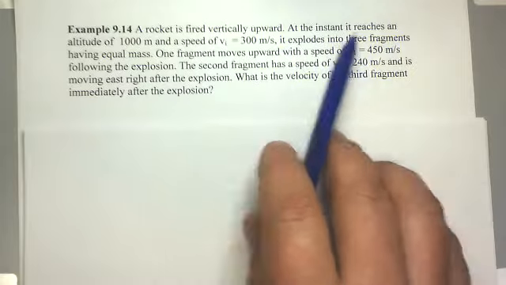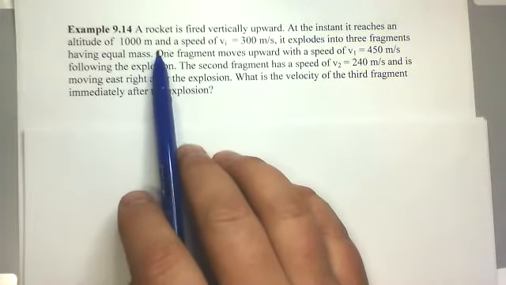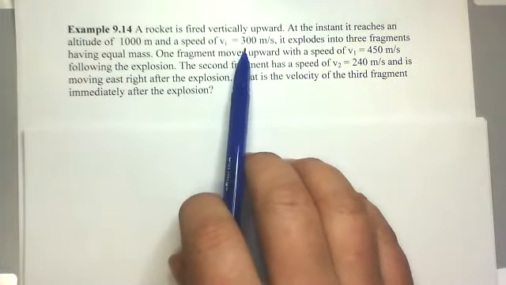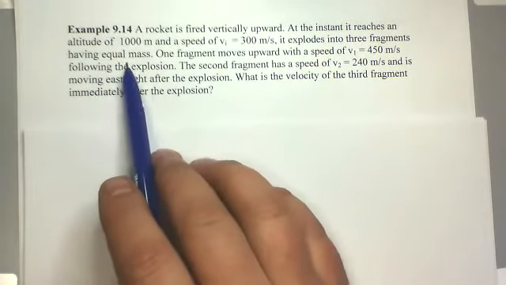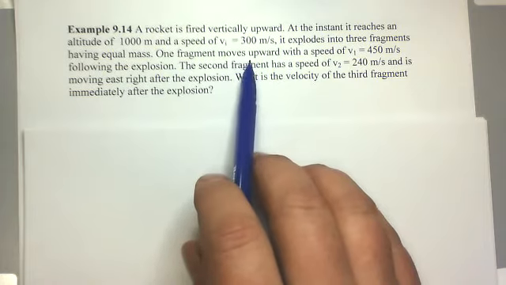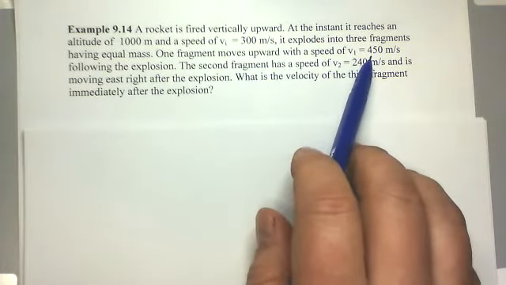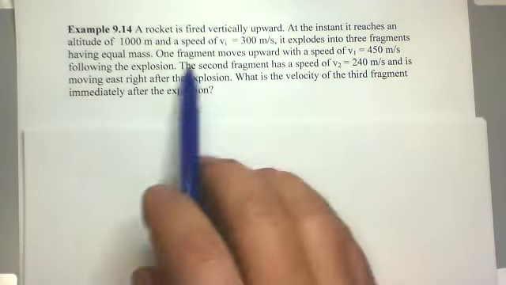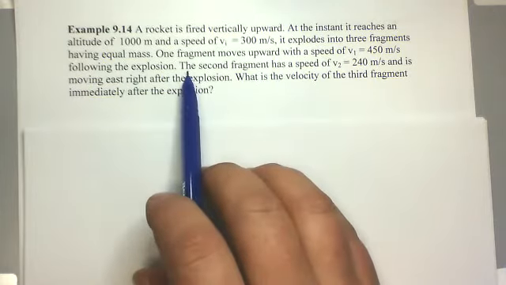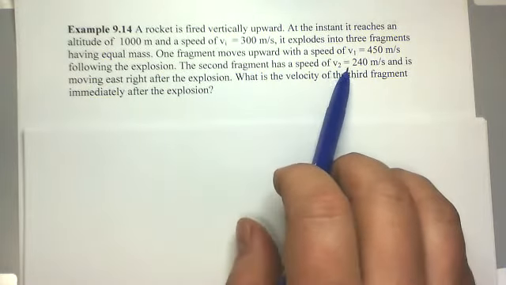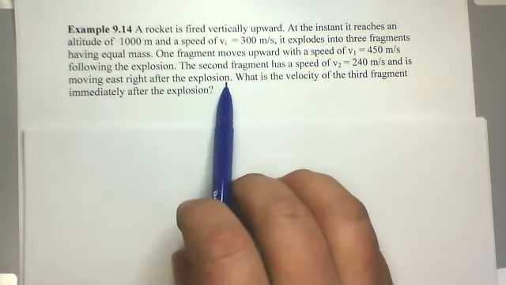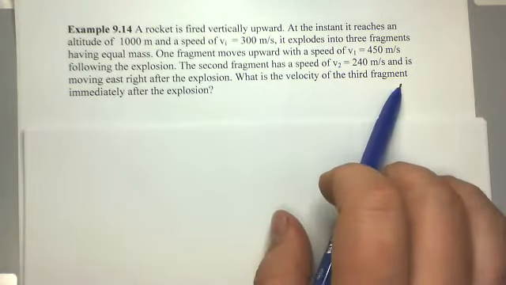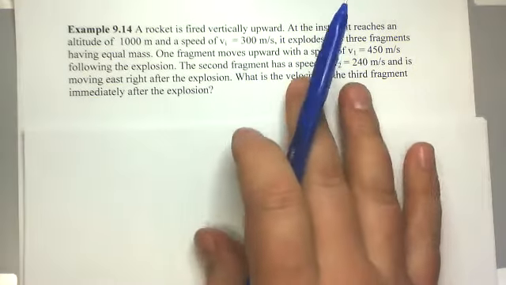At the instant it reaches an altitude of 1000 meters and a speed of v initial 300 meters per second, it explodes into 3 fragments having equal mass. One fragment moves upward with a speed of 450 meters per second following the explosion. The second fragment has a speed of 240 meters per second and is moving east right after the explosion. What is the velocity of the third fragment immediately after the explosion?